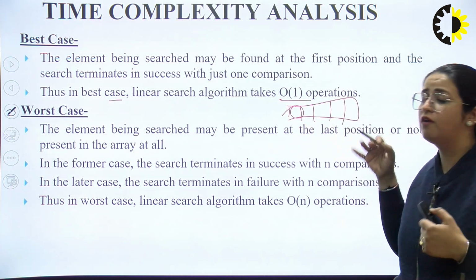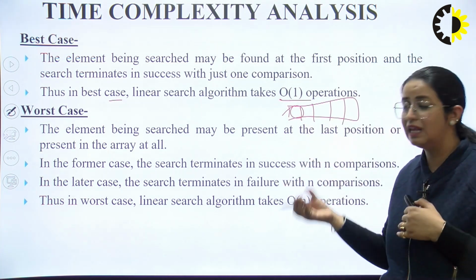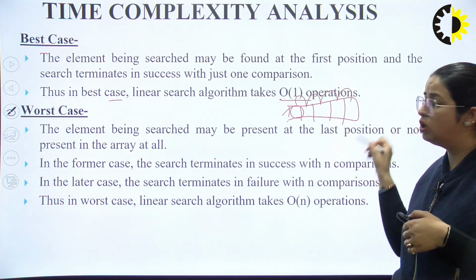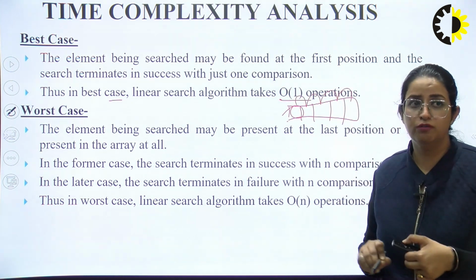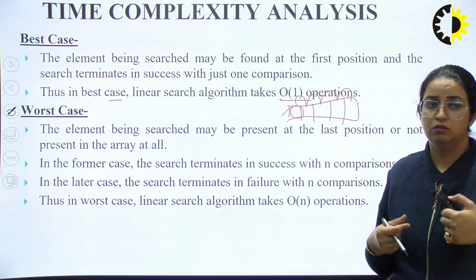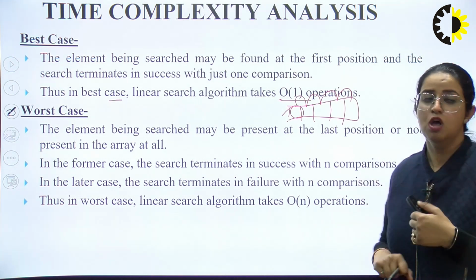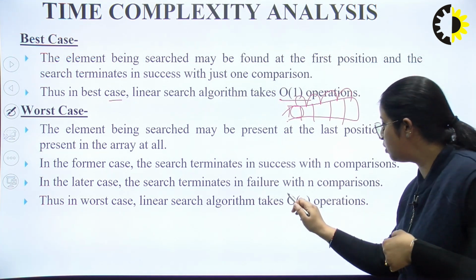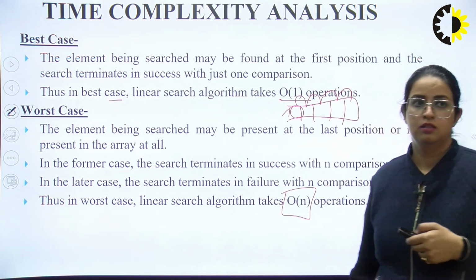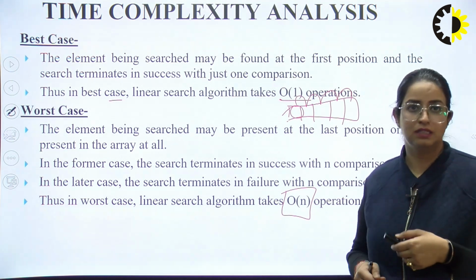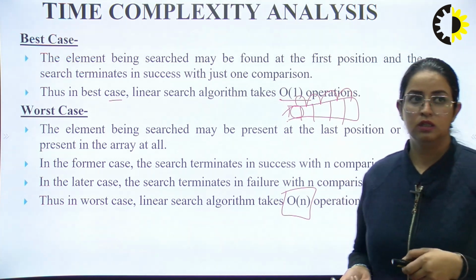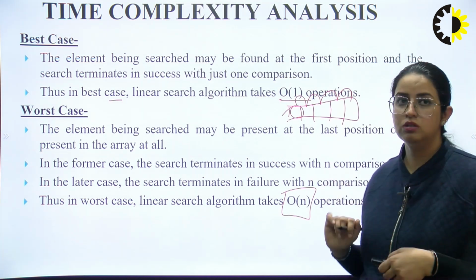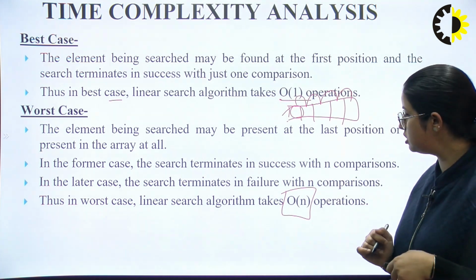If the element is not found in the array, and you traverse the whole array one by one but still do not find that particular element, then this is the worst case. In this case the complexity is O(n). So these are the best case and worst case of linear search.